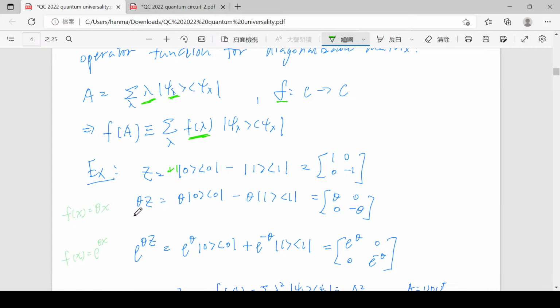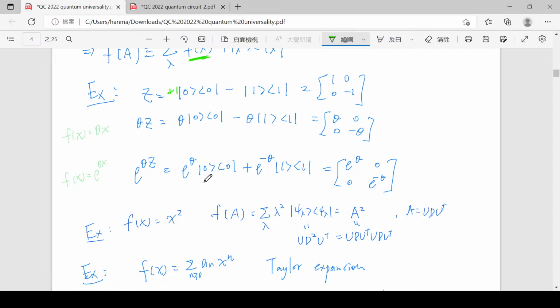We use this theta because we are going to see a reason later. But anyway, f of x is just a linear function, so you get theta Z. As we said, you multiply your eigenvalues with theta. So 1 becomes theta and minus 1 becomes minus theta, and in diagonal form you can see this.